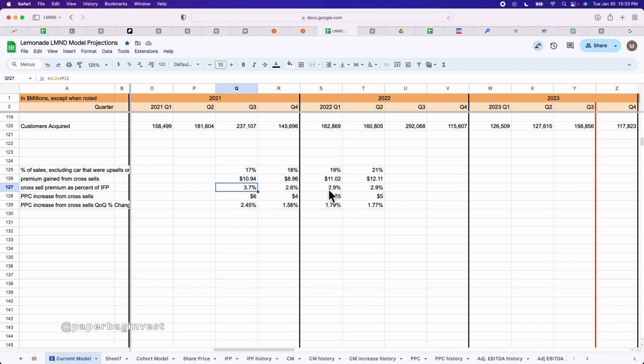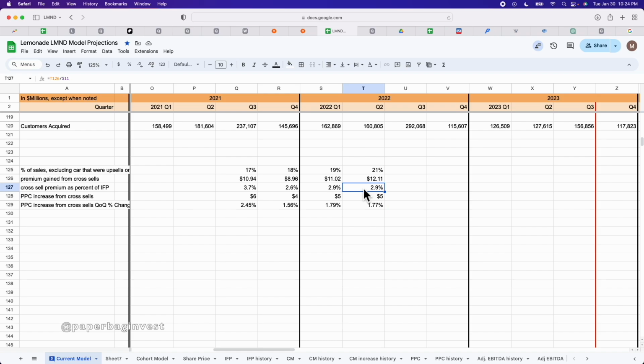So in that range, without car, it was about 3% per quarter. Your book of business is growing 3% per quarter, which is really good. Maybe about 12% per year of IFP growth just from customers bundling together, and that doesn't include car.